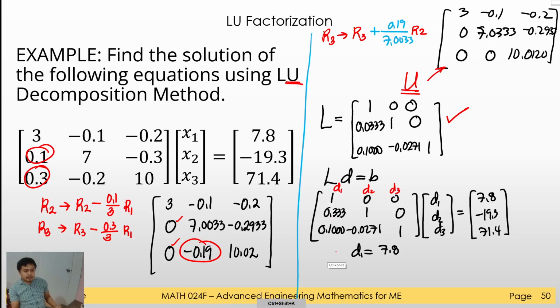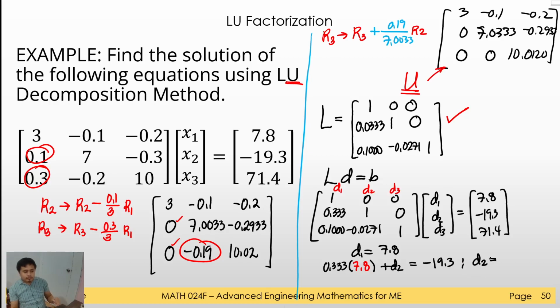So we can write this down as 0.333 times 7.8 plus D2 is equal to negative 19.3. So what is D2 here?